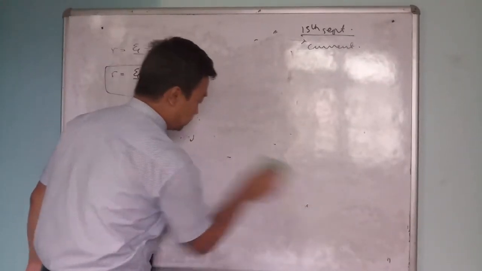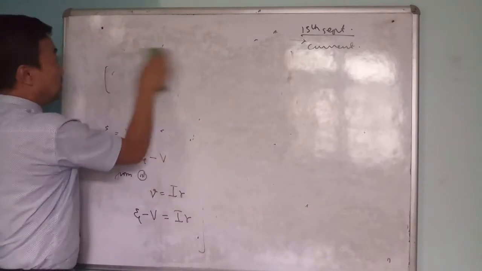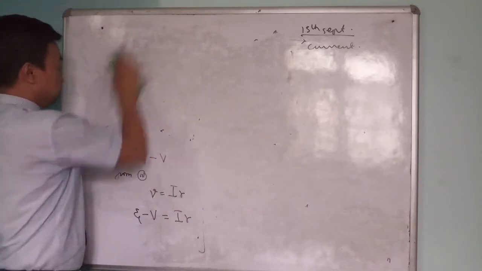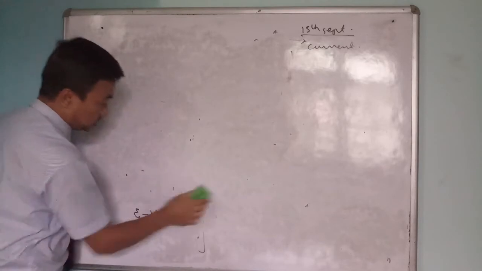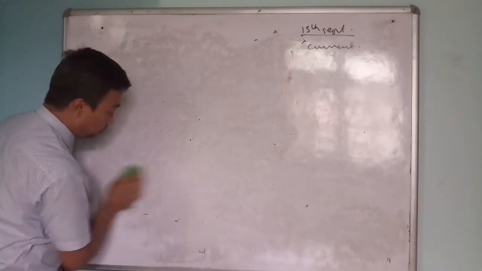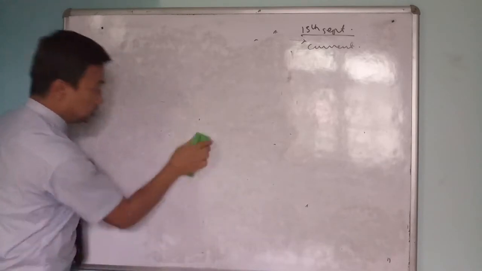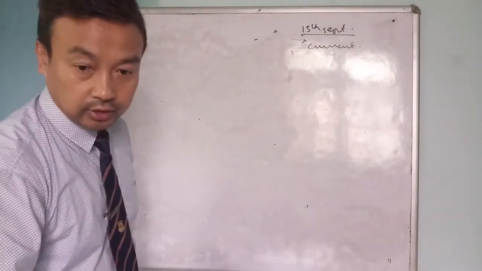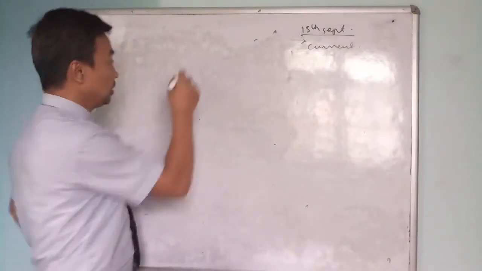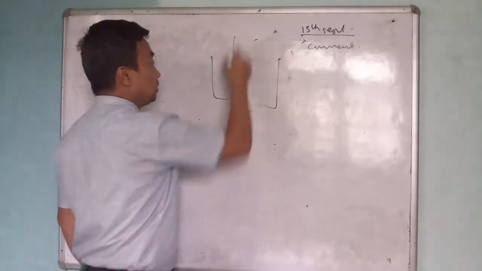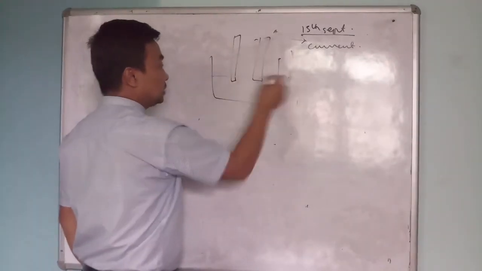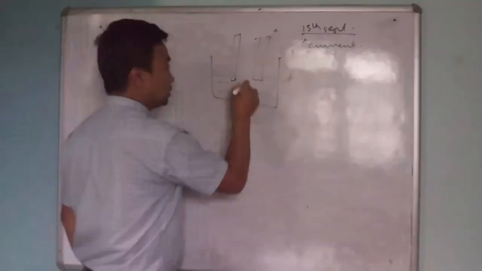That is small r. Basically there are four factors, but in the question it was asked that you have to write only two factors. Let me draw this quickly. This is electrodes and this is electrolyte. Internal resistance is here.